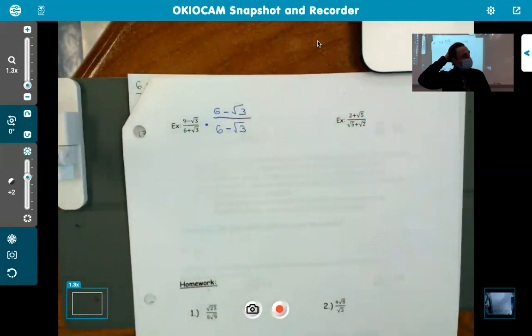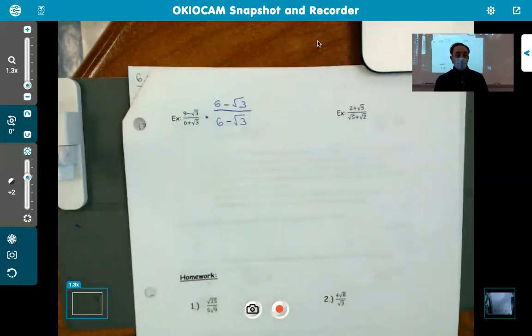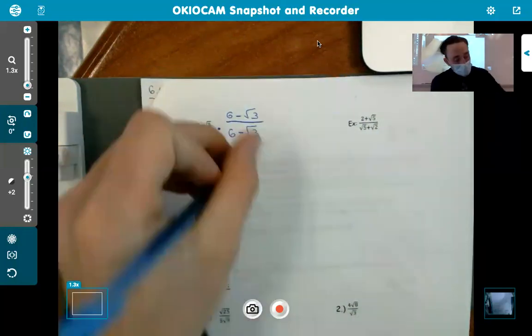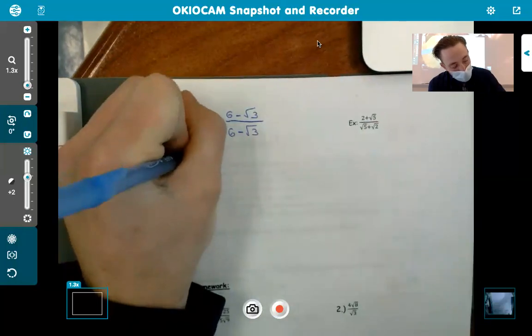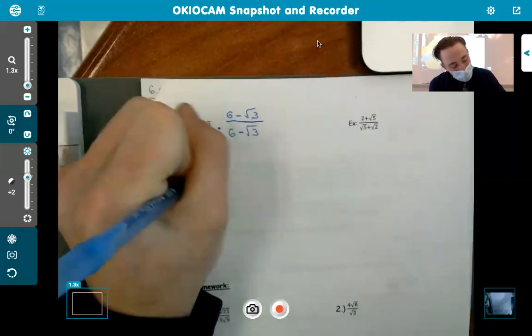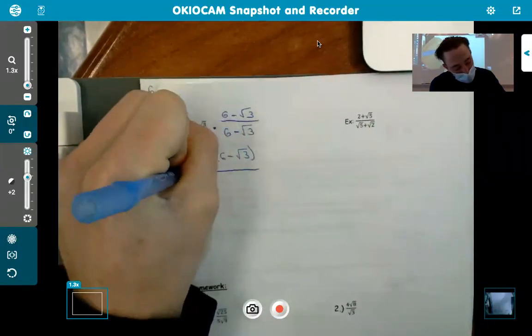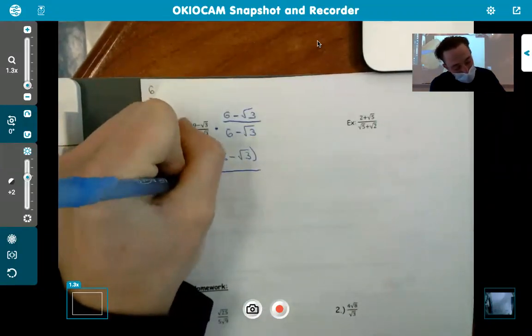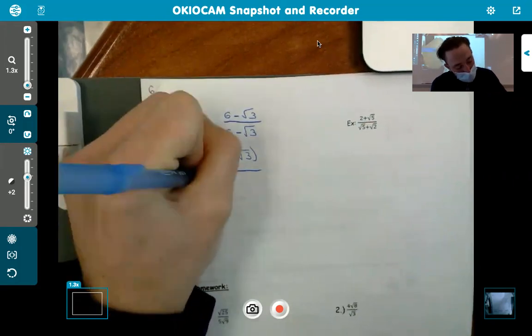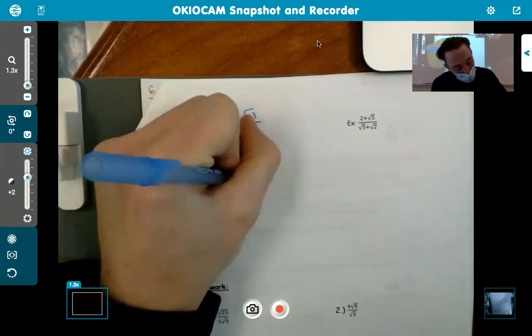Good. So then in my numerator, I have 9 minus the square root of 3 times 6 minus the square root of 3 divided by 6 plus the square root of 3 times 6 minus the square root of 3.